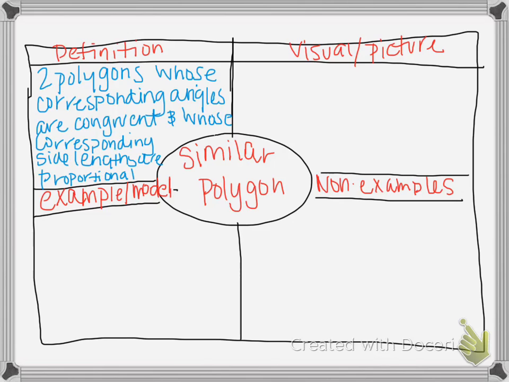So, for your pictures, I don't mind if you use your phones to look at pictures of similar polygons, but in your book, in the glossary where you're looking at these words, a lot of them already have the visual picture. Similar polygon already has the visual picture. So it uses triangles. And remember, I want you to write this in your journal, 18, 30, 24.